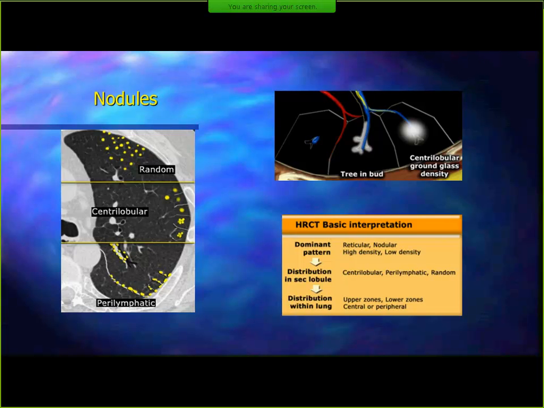It's not usually visible, but it's there. And then random distribution. These give you a clue to what diseases it could be. This is centrilobular ground glass density. This is tree-in-bud, which usually means an infection maybe, or something bronchial, that it's coming from, it has a bronchial component to it.